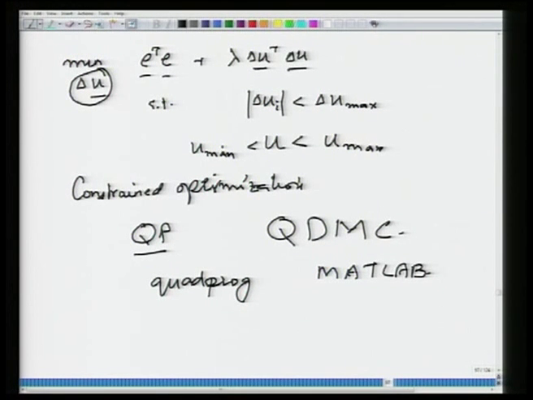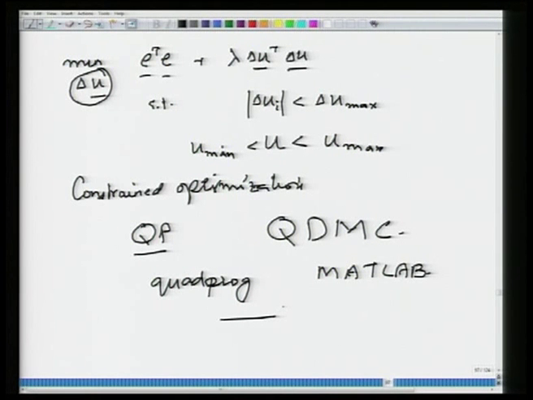Okay. So, you want y to go as close as possible to the reference trajectory without too much control effort, that is what I am trying to do through this minimization problem, and there are standard algorithms that do that for you. Okay.